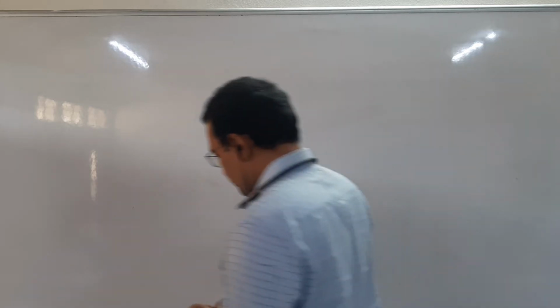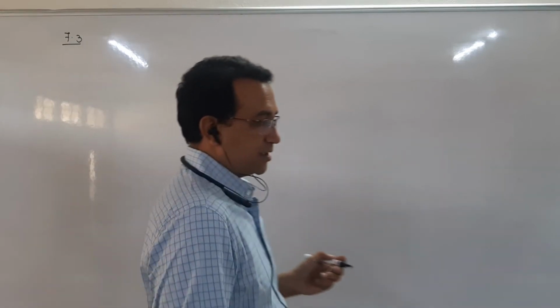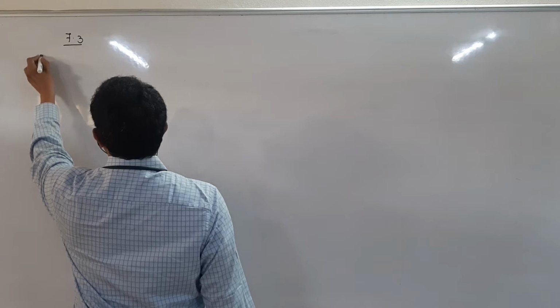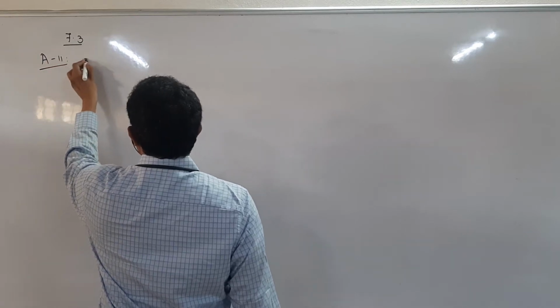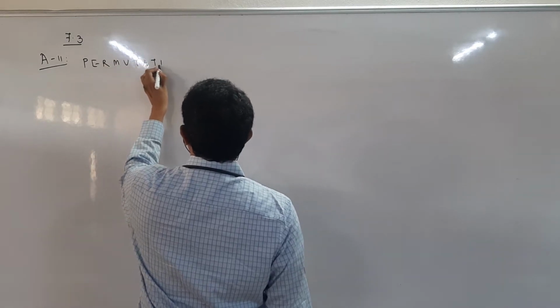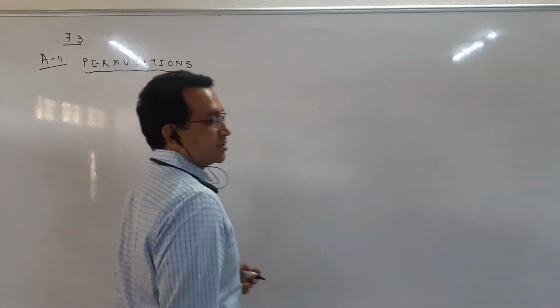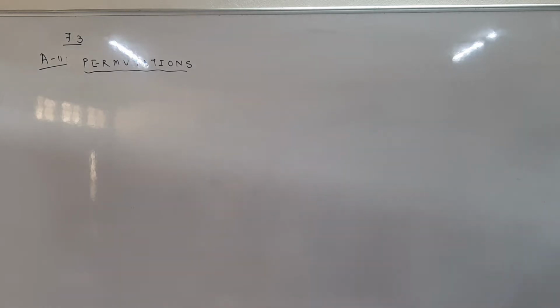In the last lecture, students, we took exercise 7.3, sum number 11, where the letters of the word PERMUTATIONS are arranged according to the given conditions.